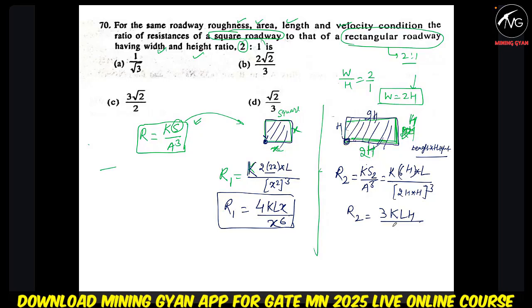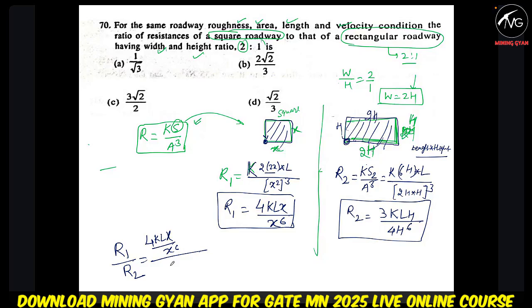4h^6. So now if you have calculated the resistance of both, now you can find out the ratio R1 divided by R2, which is 4KLx by x^6 divided by 3KLx divided by 4h^6. ठीक है?